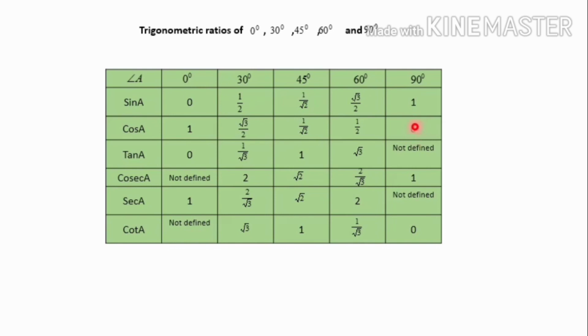Once again, only 5 values we have, which I filled in the sin row from left to right. Then using the same values I am filling the cos row from the right end to the left, that is 0, 1 by 2, 1 by root 2, root 3 by 2, 1.